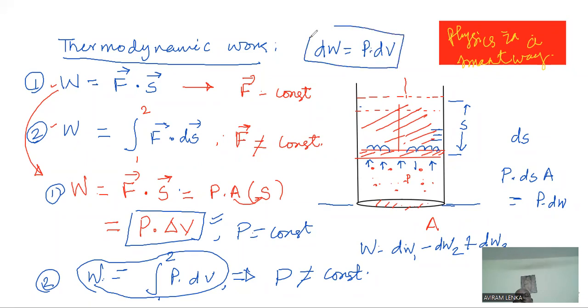So these three formulas: this is universally correct, this is correct only for a constant pressure process, and this is also universally correct. These are the three formulas of general work.